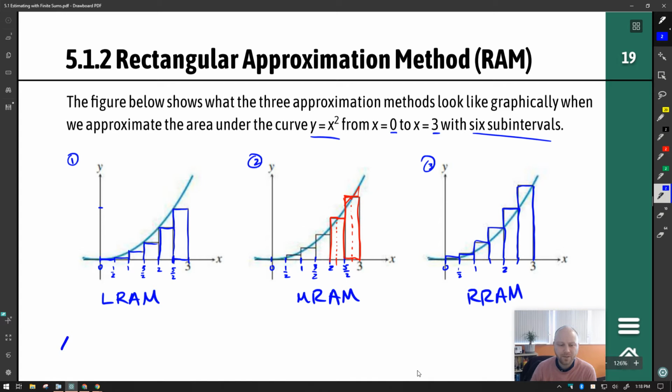So let's see what that would look like. Delta x would be 3, there's your ending point, minus 0, there's your beginning point, divided by 6 rectangles. So this is 3/6, and that actually becomes 1/2.